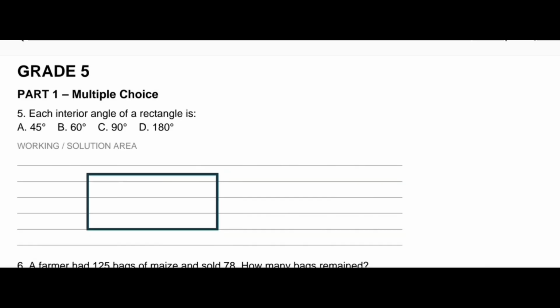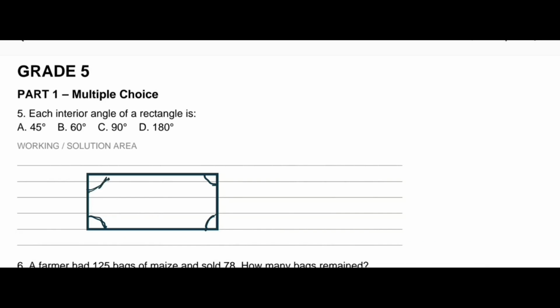So this is a rectangle. Now the question is asking what is the angle of the interior of each corner of the rectangle. So they are asking, what is this angle? What is this angle? Do you understand the question now?